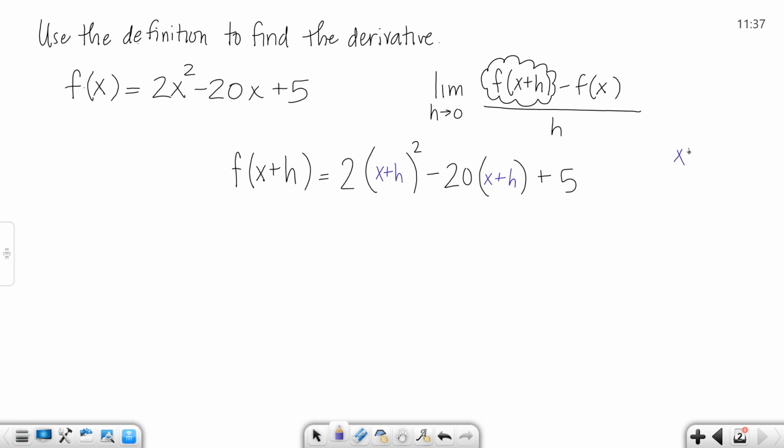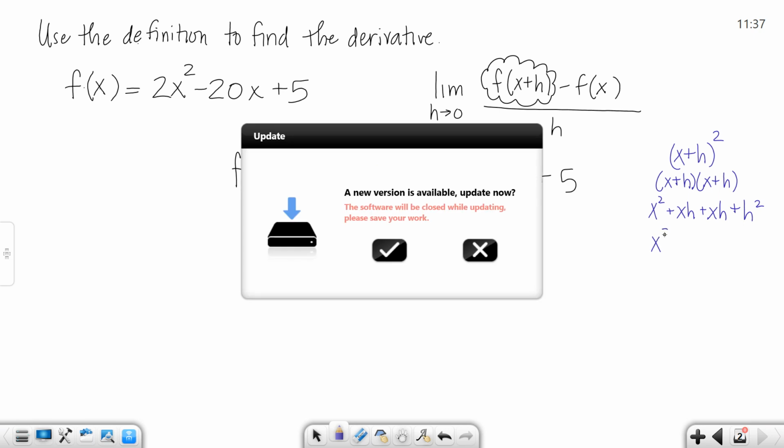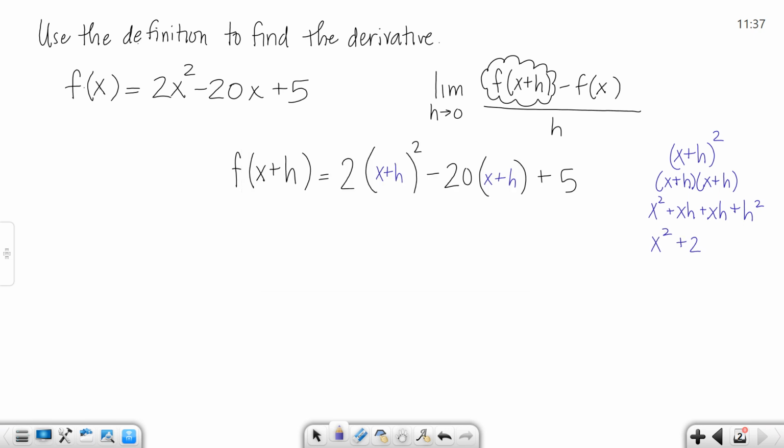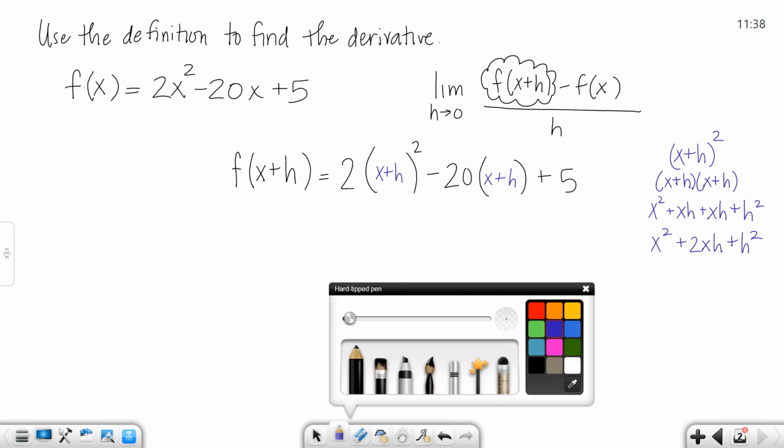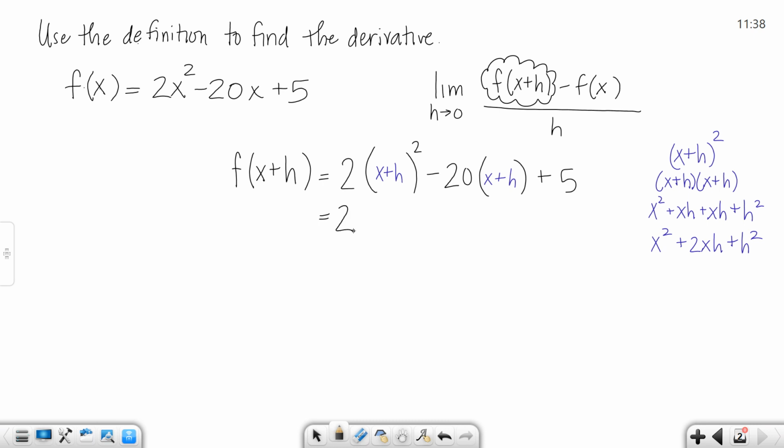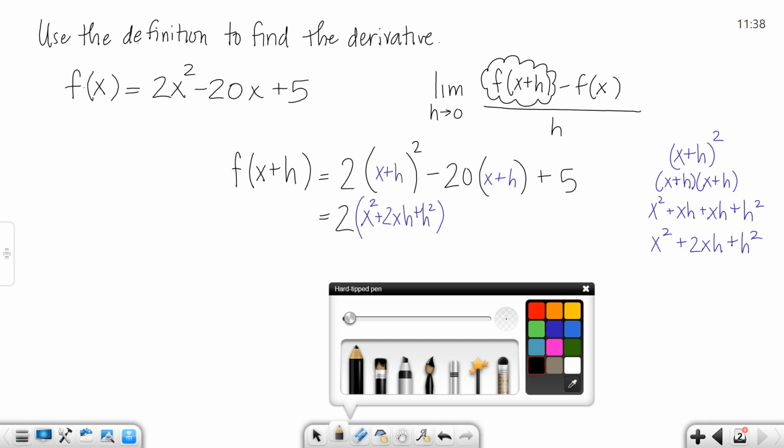So coming to the side over here, I'm going to do my x plus h squared, FOIL it out. When I FOIL this out, I get my 2 out in front, and then this FOILed part, x squared plus 2xh plus h squared, and then I can finish the rest.